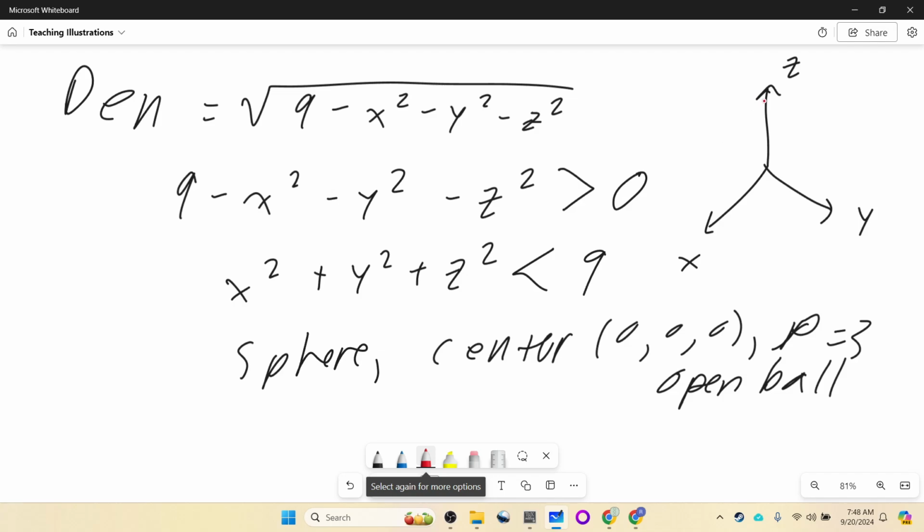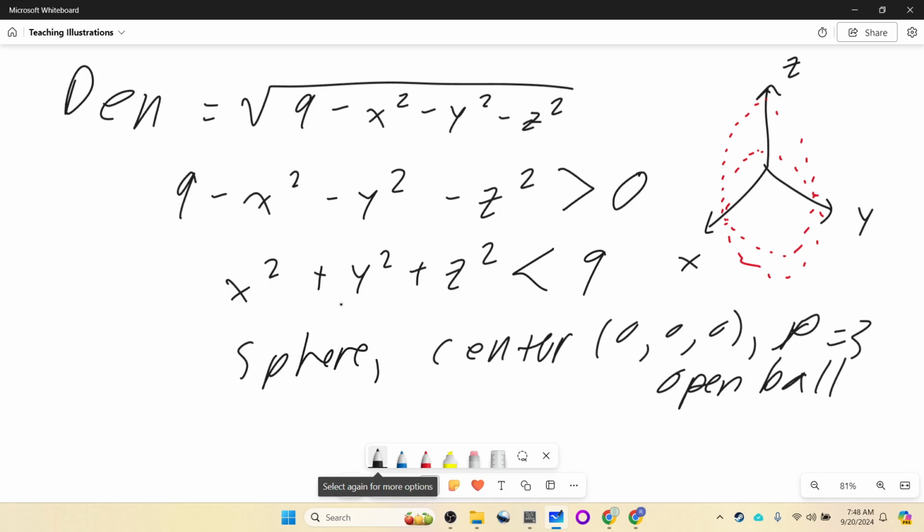We'll do the whole thing in a dotted line because we do not include the boundary. Are we talking about the inside or the outside here? X squared plus y squared plus z squared is less than 9, so that's the inside.